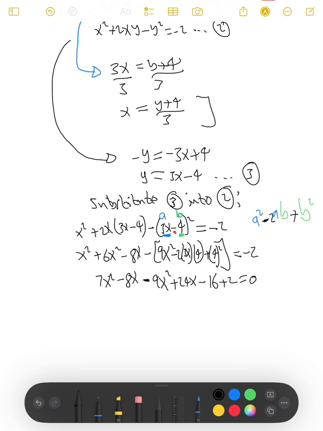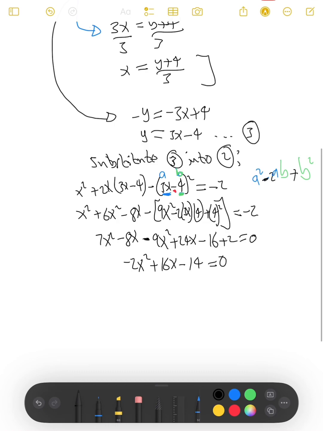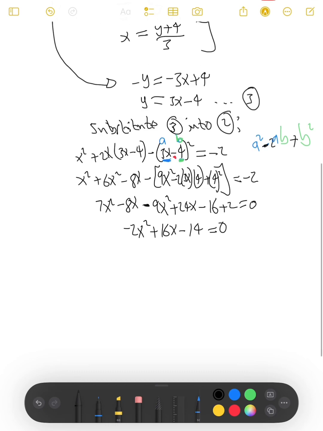And then from that, we therefore add like terms. Adding like terms, we get -2x squared plus 16x minus 14, all equal to 0. And then from that, guys, let's divide this whole equation by -2, since it's a common factor.